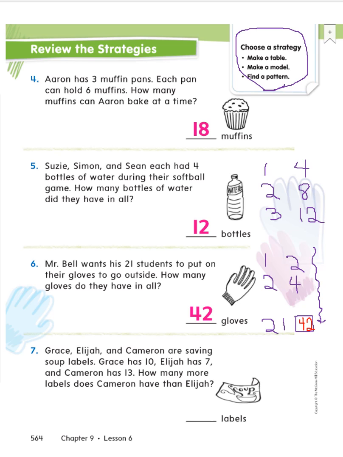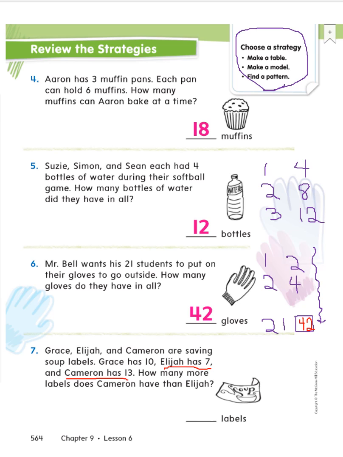Number 7. Grace, Elijah, and Cameron are saving soup labels. Grace has 10, Elijah has 7, and Cameron has 13. How many more labels does Cameron have than Elijah? Well, Cameron has 13 and Elijah has 7.